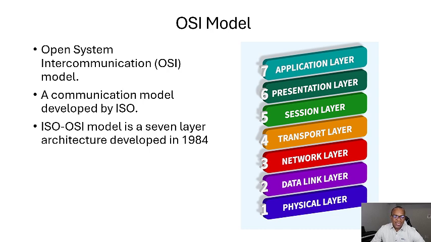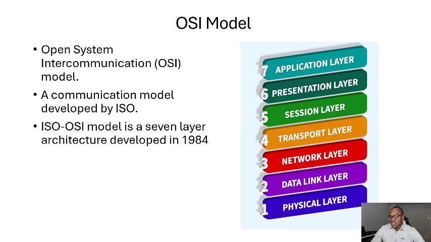It standardized how computers communicate with each other over a network. So it's a 7-layered approach to data transmission, which divides the operation into specific related groups of actions at each layer.